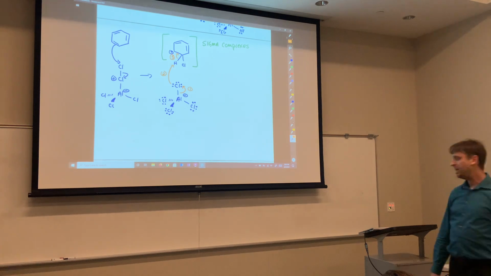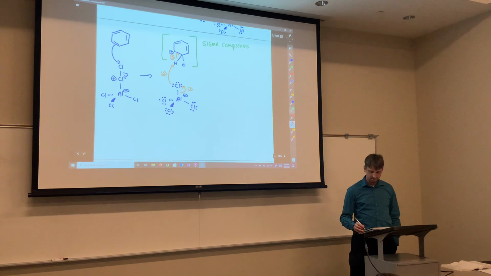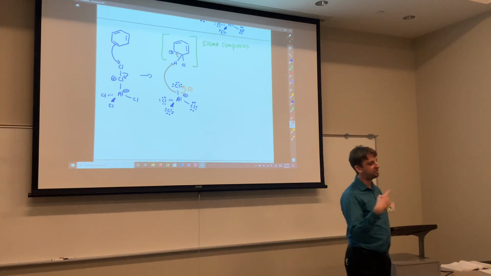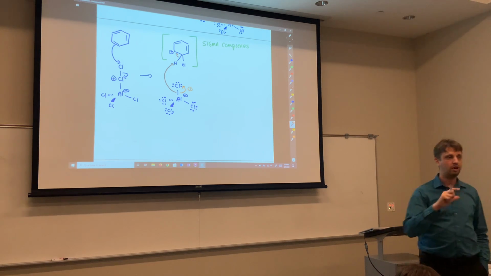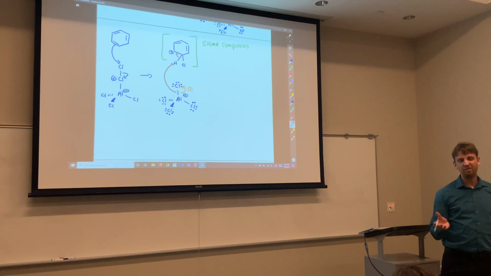Got it? So to make things a little bit easier, a little bit more streamlined, black looks good. This is what you often see. Instead of that, we start my arrow at the aluminum chlorine bond and send those lone pairs to go grab the hydrogen. Got it? Is it any different than the orange arrows that we had up there?